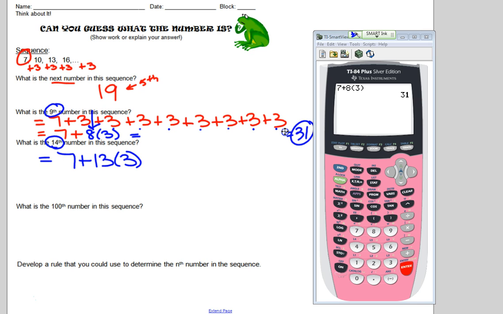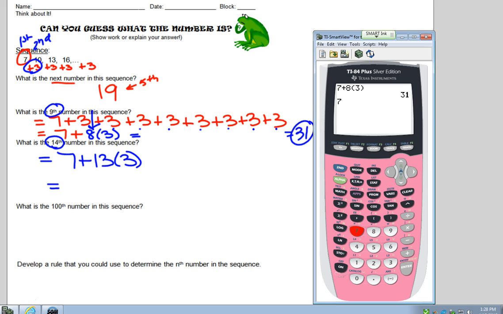So every time when we go back to the beginning, this was our first, and this is our second. Our second term, we only needed to add 1 3. So you always have 1 less number you're adding than the number of numbers because the first one didn't need 1. So doing it in this fashion, I can get to the 14th one rather quickly now. 7 plus, and then there's going to be 13 3s.